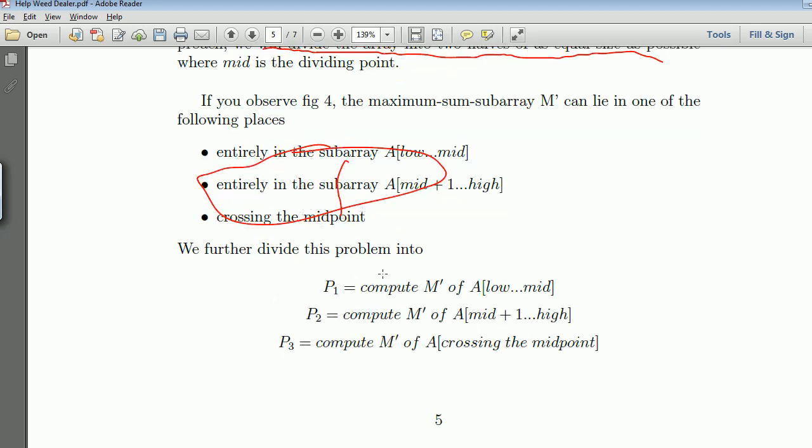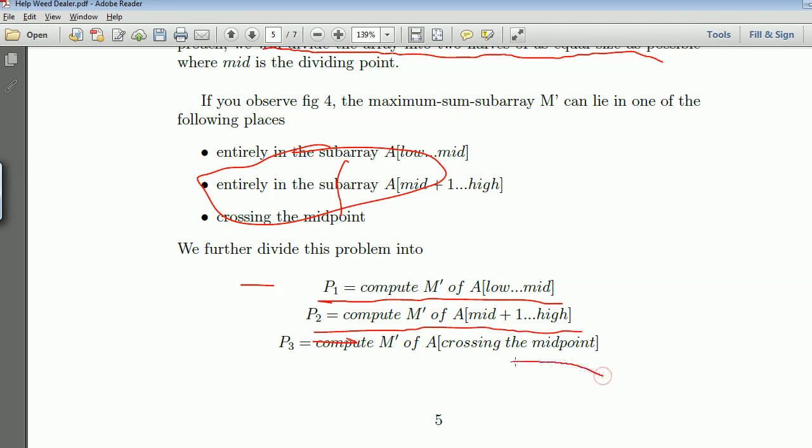So now we have three problems. Problem 1 would be to compute the maximum sum subarray of A from low to mid, which is the left part of mid. Problem 2 is to compute the maximum sum subarray of A from mid plus 1 to high, which is the right part of mid.